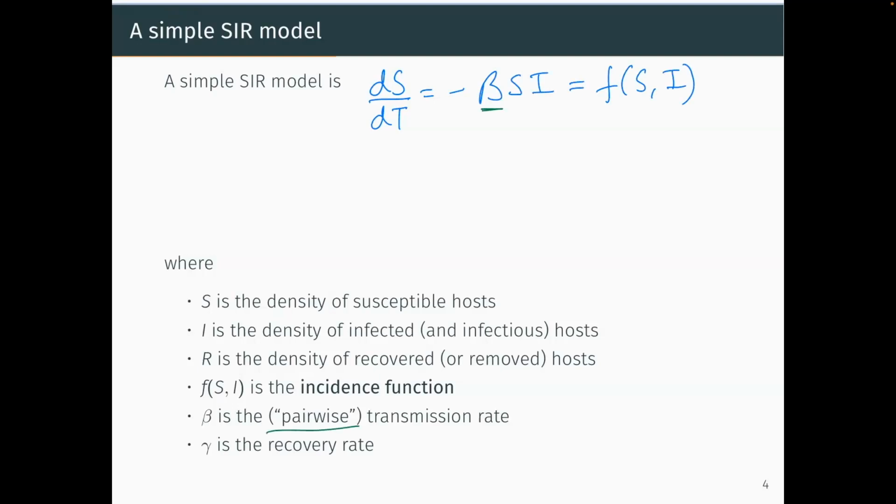This is following density-dependent transmission, and I'll talk a little more about what I mean by that later on. It's just like the terms we saw before in our predator-prey models, a Holling type 1 response, essentially. You can almost think of the infectious class as being like a predator of the susceptible class.